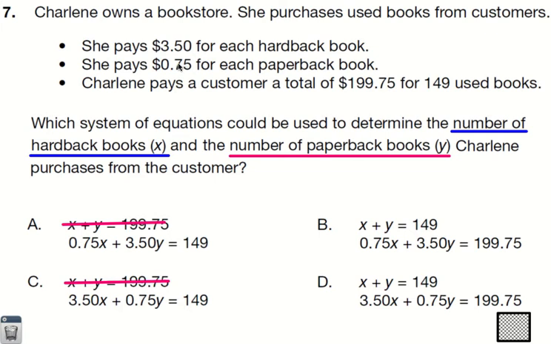Same thing with 75 cents and the Y. It's 75 cents for every one, and so it makes sense to multiply 0.75 with Y, Y being the unknown number of paperback books. So it looks like it's going to be choice D, which has the correct equations.